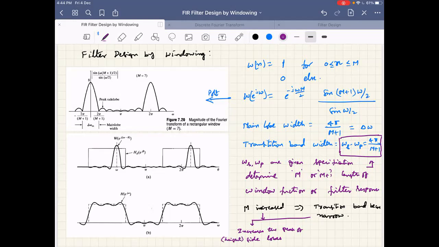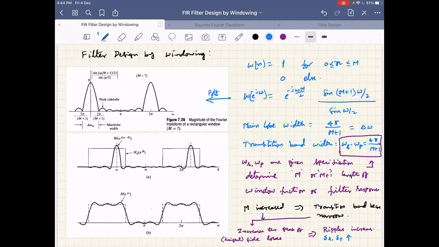If side lobe height is increased, what is the problem? It increases the ripples. That means delta S and delta P increase. So meeting the specifications of delta S and delta P becomes difficult.